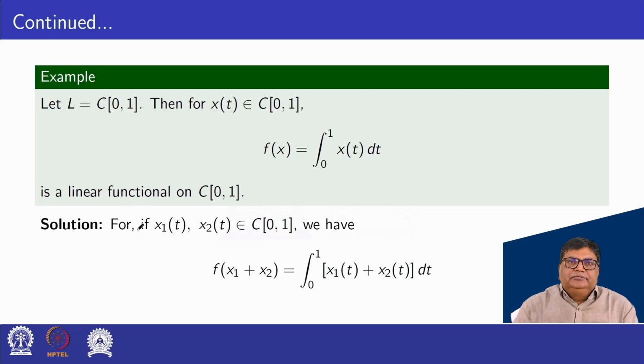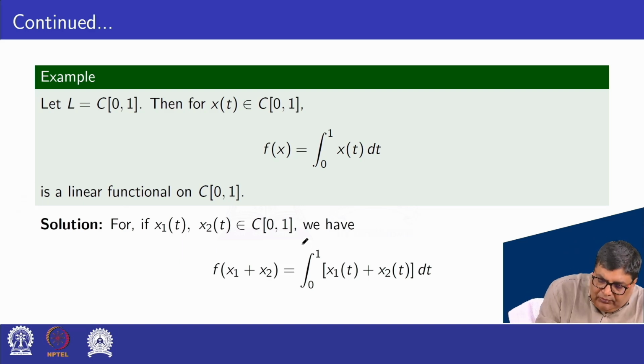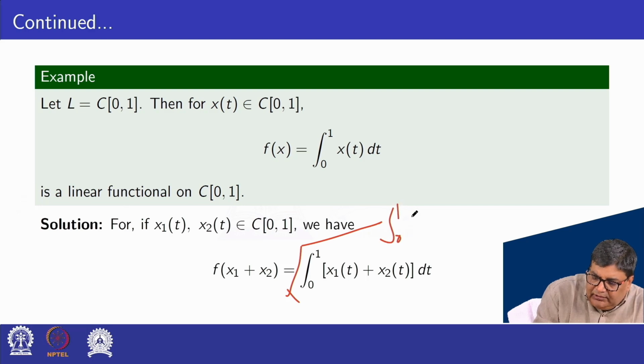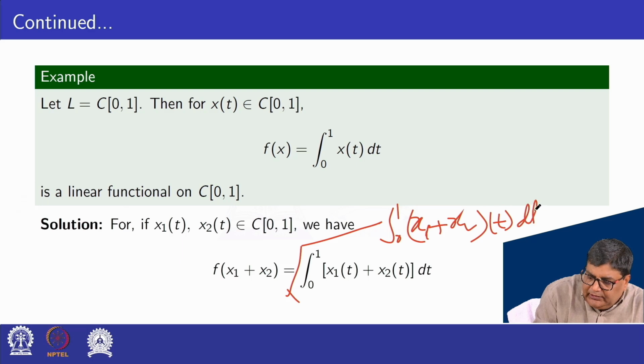Solution: if x1 and x2 are two functions belonging to C[0,1], we can write f of x1 plus x2 is equal to the integral from 0 to 1 of (x1 plus x2)(t) dt.